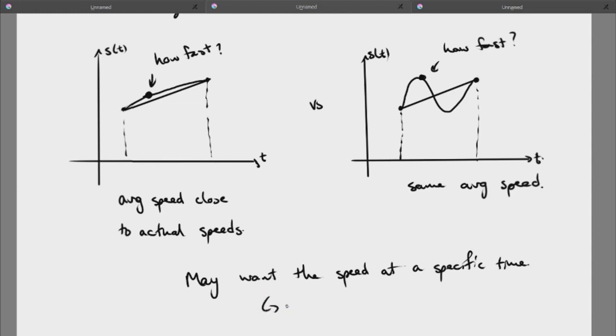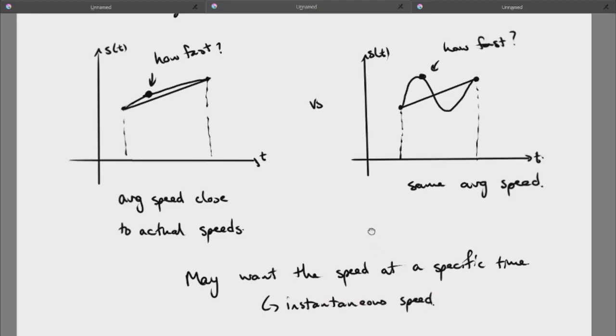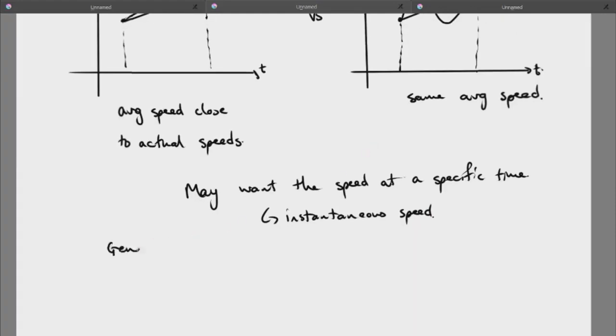We'll call that the instantaneous speed. And in general, we'll call it the instantaneous rate of change. If it's not a matter of speed and just having a function that changes, I'll call it the rate of change. And if I'm interested in just what is happening at the specific point, then we'll call it instantaneous instead of average.